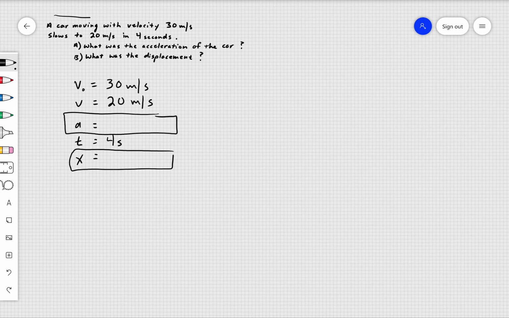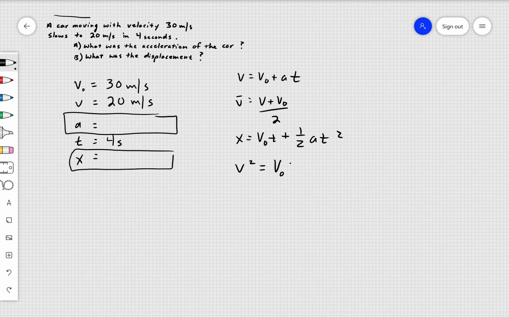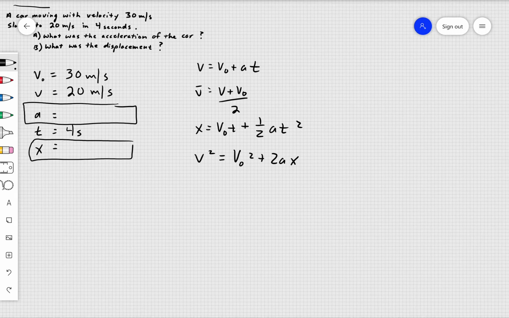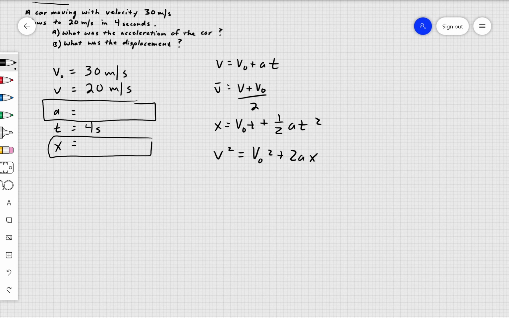So to select an equation, again, these are V is V naught plus AT. The average is V plus V naught over 2. X is V naught T plus half AT squared. And V squared is V naught squared plus 2AX. So select an equation to solve for the acceleration.